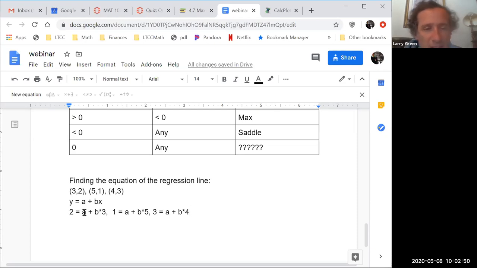Now, if we're going to use the line to predict y when we're given an x, we're going to compare the value a plus b times 3 with 2, the value a plus b times 5 with 1, and the value a plus b times 4 with 3. Any questions on that?